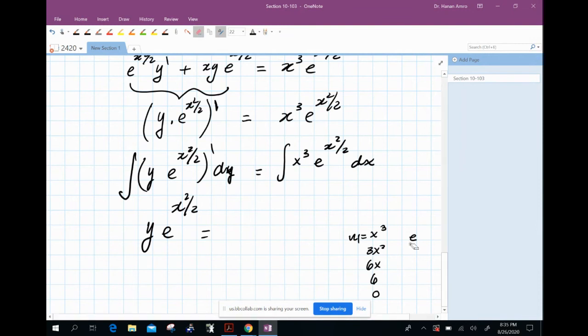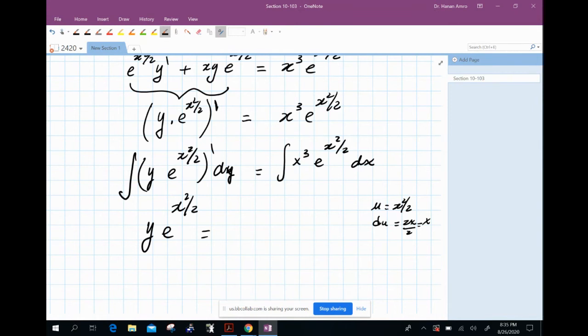Maybe if we do it by substitution, it's a bit easier. If we call u equal to x squared divided by 2, then du will be 2x over 2, which is just x. So be careful with that. That might work a little bit better than the previous one.